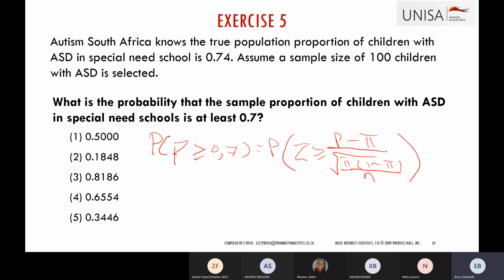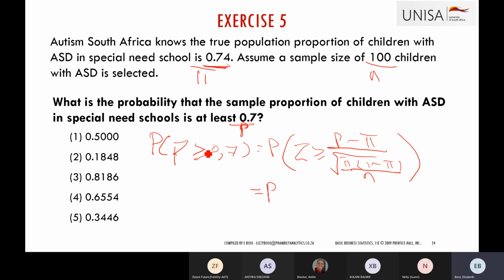Okay. Do we have the answer? So we're given our population proportion, we're given our N, we are given our P in the question.